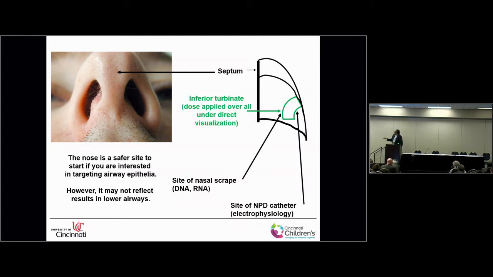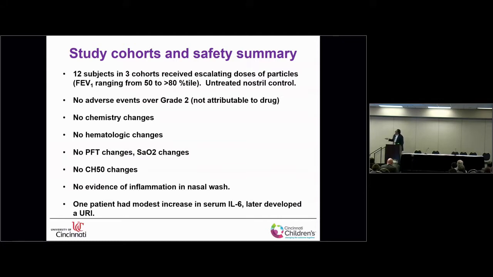You can then look at these respiratory epithelia, and there'll be a reflection of what would happen in the lung, because the nasal respiratory epithelia can be used to model what happens in lower airway respiratory epithelia. And this was mostly a safety study, but I'll show you the efficacy data in a second.